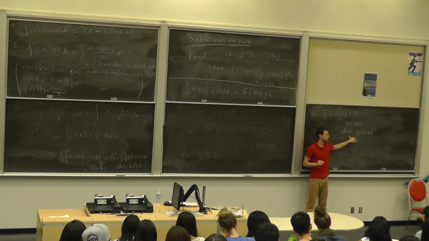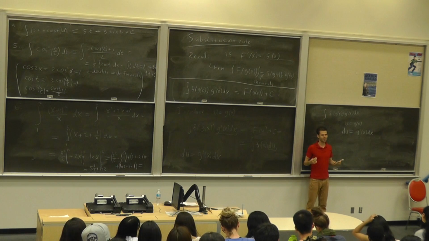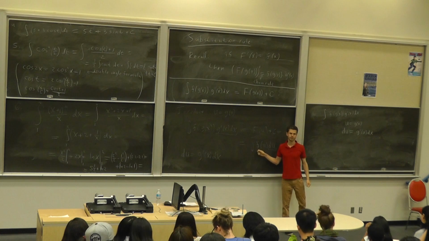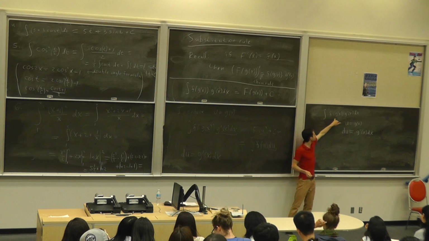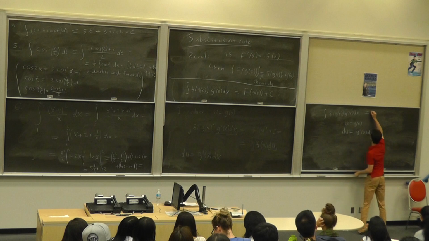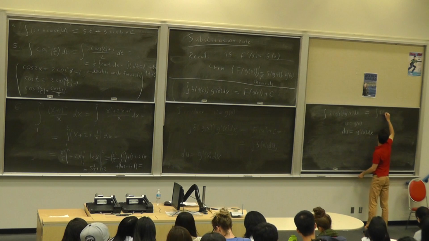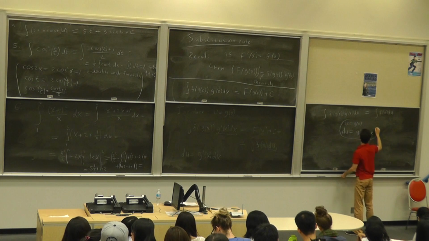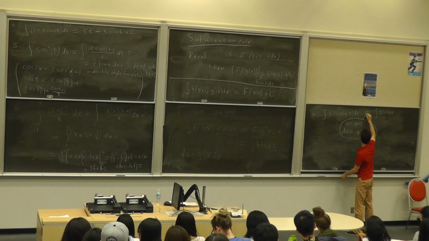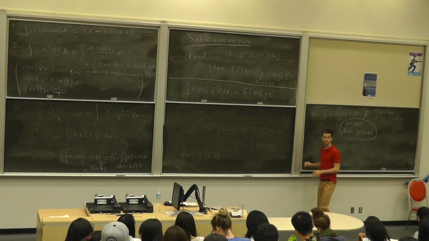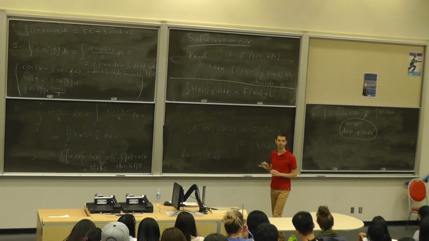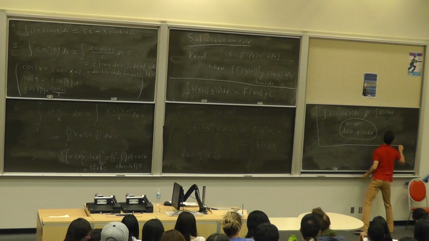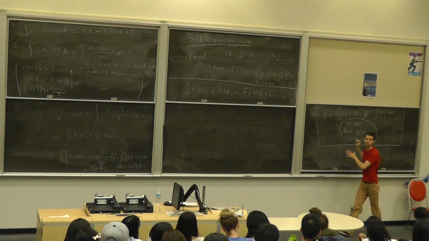So this is a useful notation to remember this formula. And then this integral automatically translates into the integral of f of u. So that's the substitution. In a box, that's the rule.